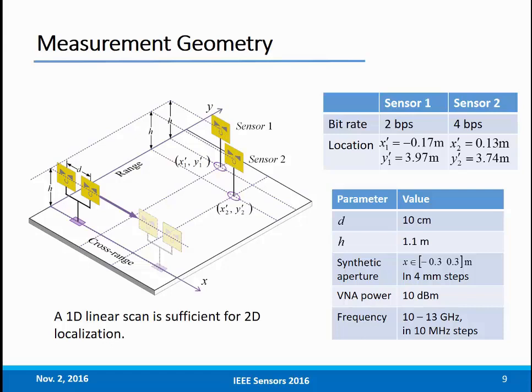During the measurement, the network analyzer generated a 10 dBm continuous wave signal to the transmit antenna and measured S21 over 10 to 13 gigahertz in 10 megahertz steps for 4 times at each of the 151 aperture positions.